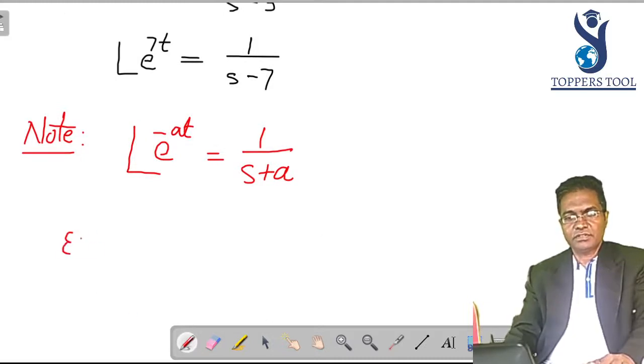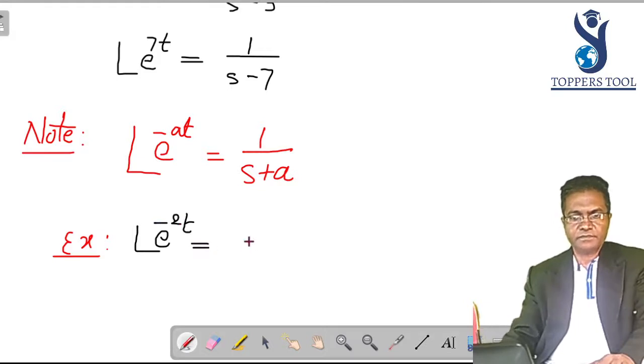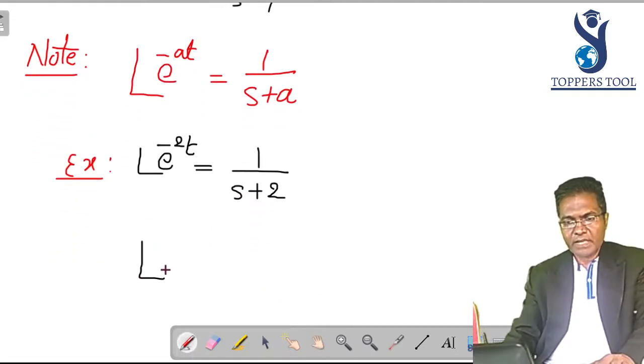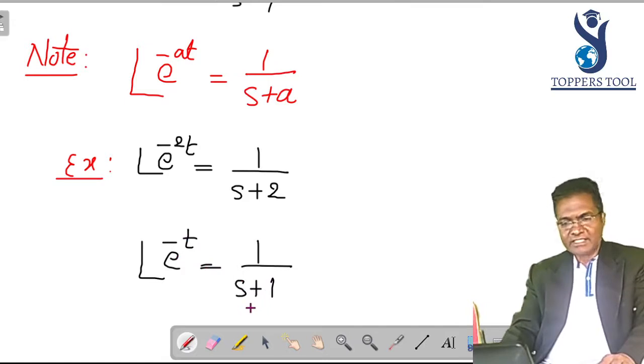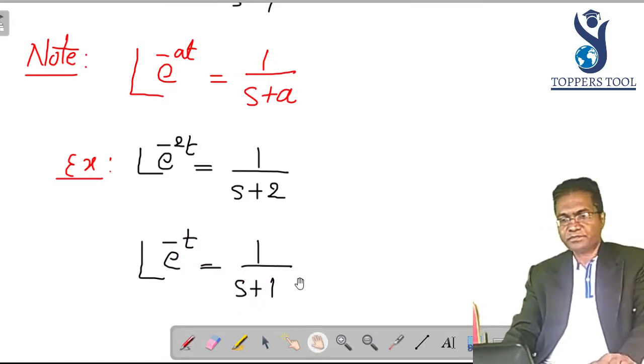So suppose you get Laplace transform of e power minus 2t, then you have to write 1 by s plus 2. Suppose Laplace transform of e power minus t, 1 by s plus 1. So like this you can use the Laplace transform of e power at and e power minus at.